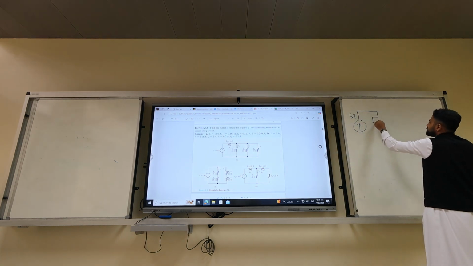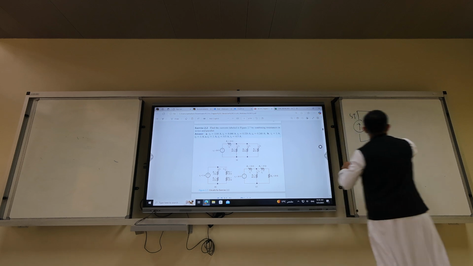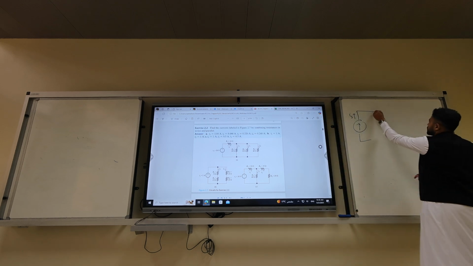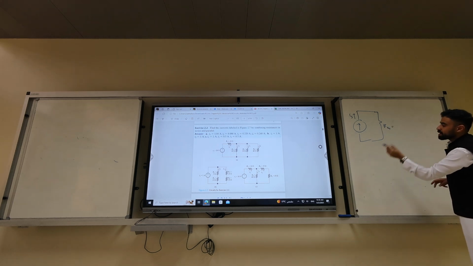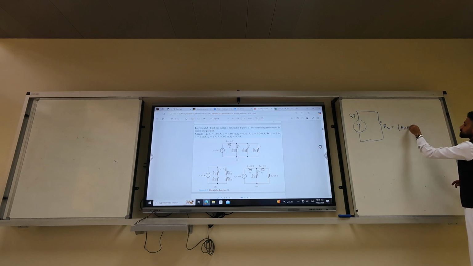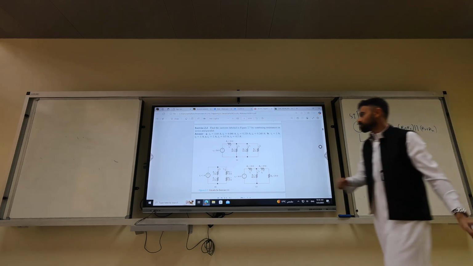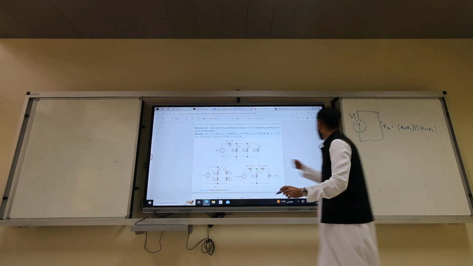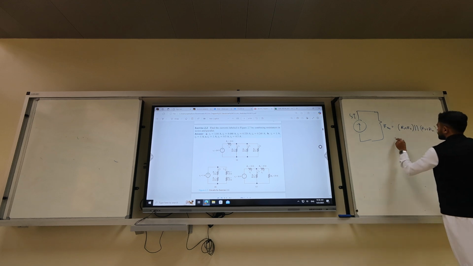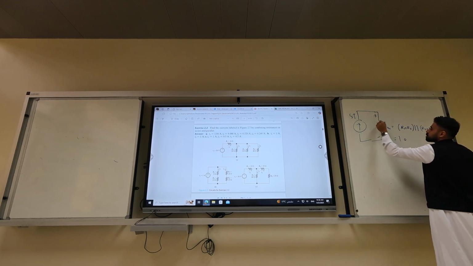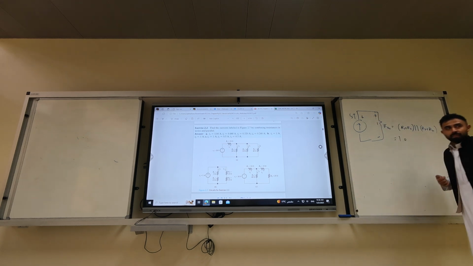It gets split over 2 resistors equivalent to an R equivalent. What's R equivalent? We said R equivalent is R1 plus R2 in parallel with R3 plus R4. I told you it's 10 plus 10, 20 in parallel with 20 is going to be 10. So the voltage drop across R equivalent, which is the same as the voltage drop across the current source, forget about the passive sign configuration.